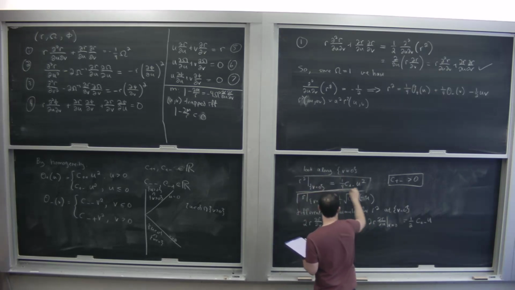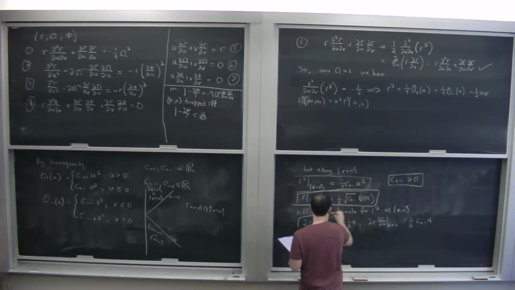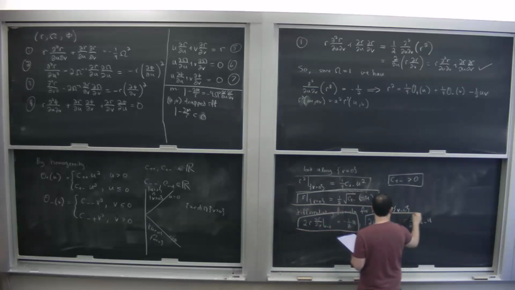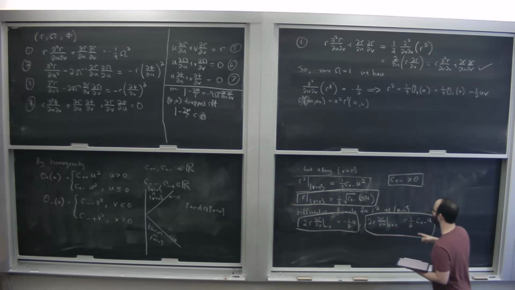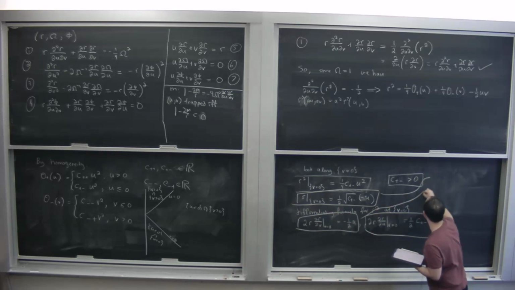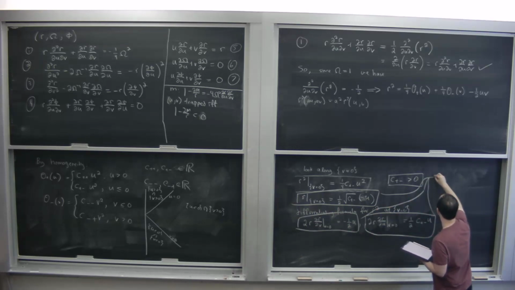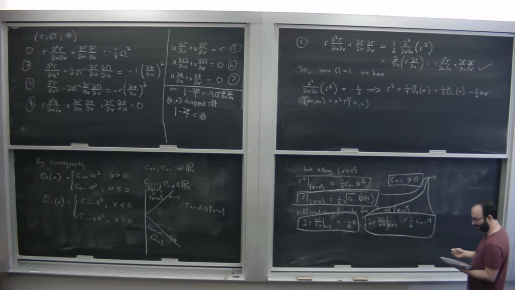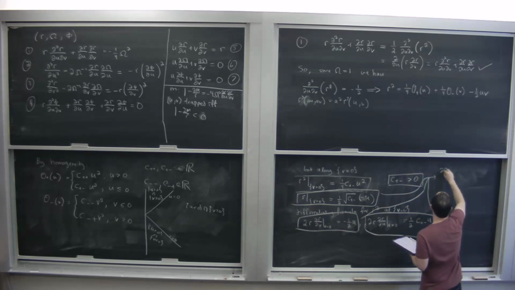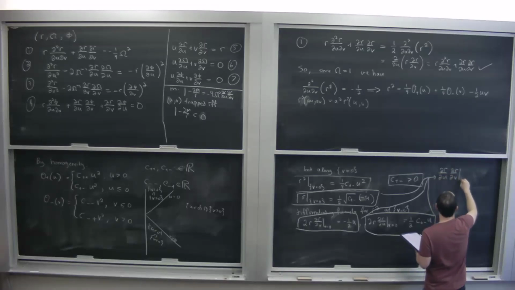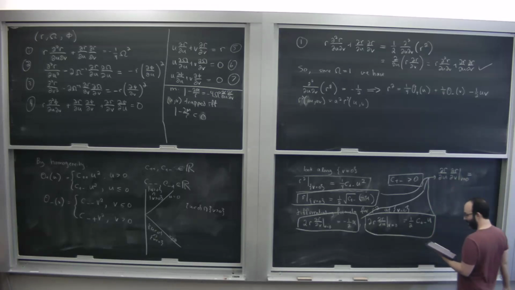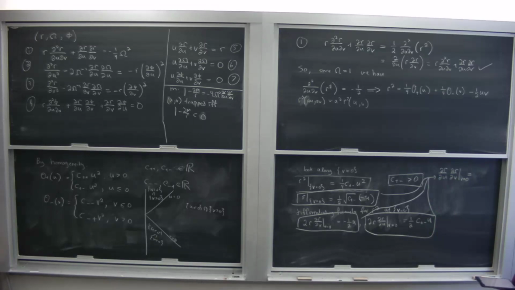All right, so if we look at this and this and this, these will all imply, if you put all of those together, that dr du times dr dv at v equals 0 has to equal, I claim, 1/4.